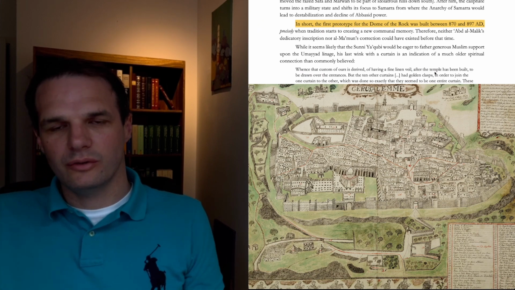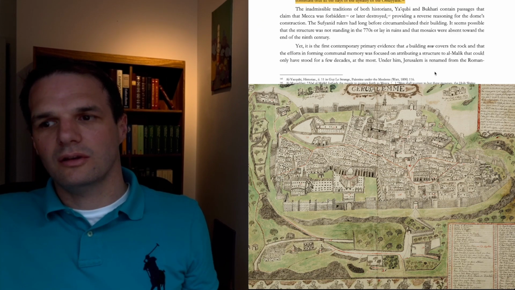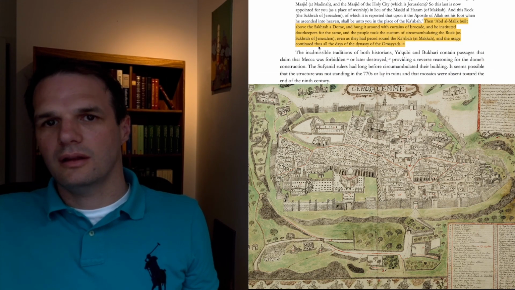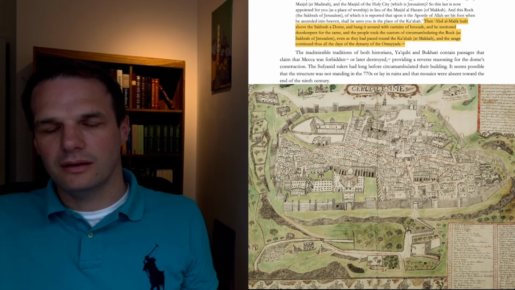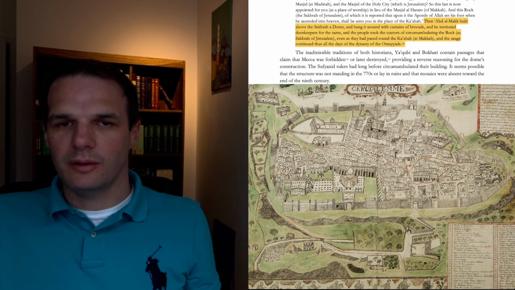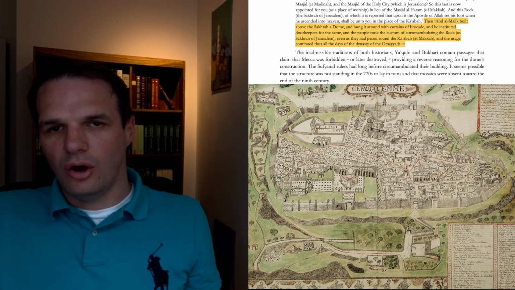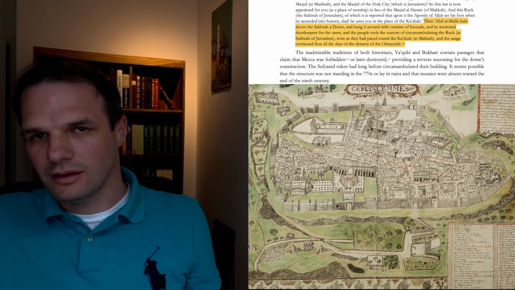So I would argue that we can't, of course, take this quote as gospel, but it is evidence, and it points to there being a tradition that links the building, the Dome of the Rock, with al-Malik, which could only have existed if the dome was much older than 870 AD.